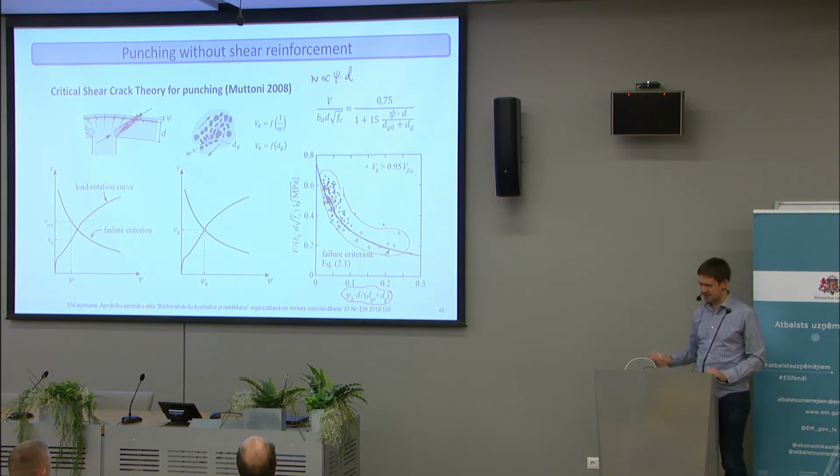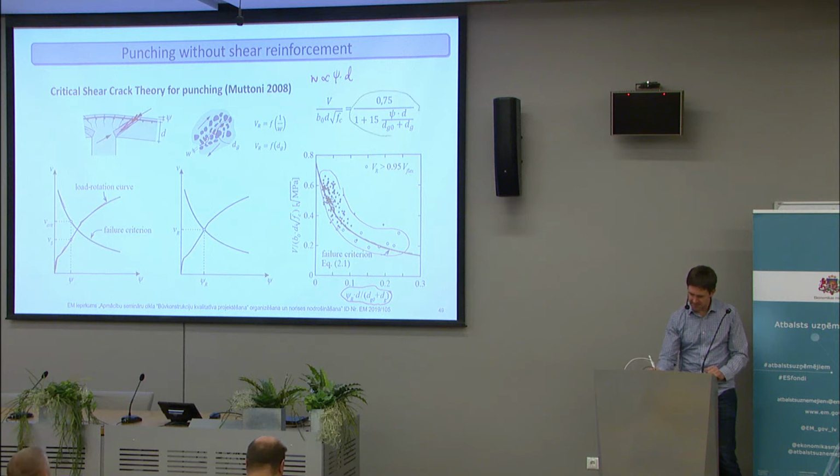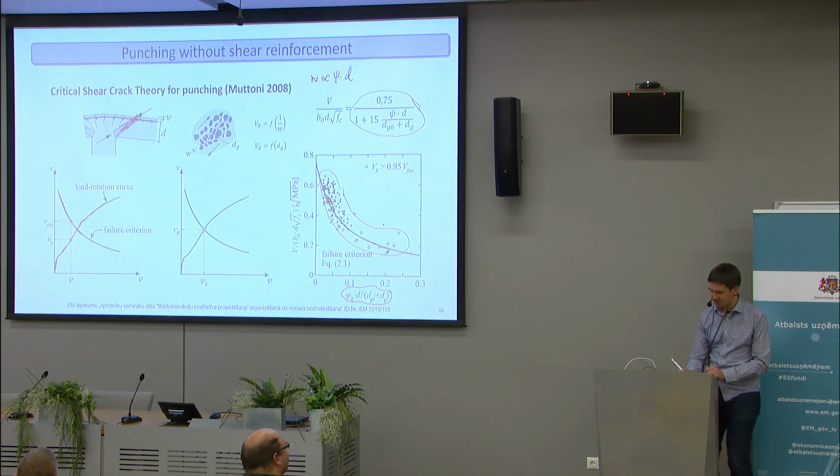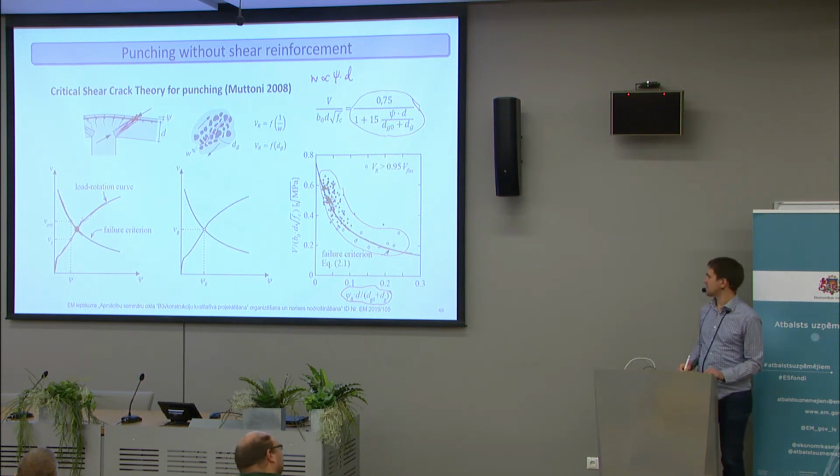So applying the theory consists of two parts. First, we have to calculate the load rotation curve with the method of Kinnunen and Nylander, where we can improve it a bit. We can also take into account the contribution of concrete indentation. Then you calculate the failure criterion with a formula like this, and where the load rotation curve, or the specimen response curve, and the failure criterion intersect, this is the point of failure.